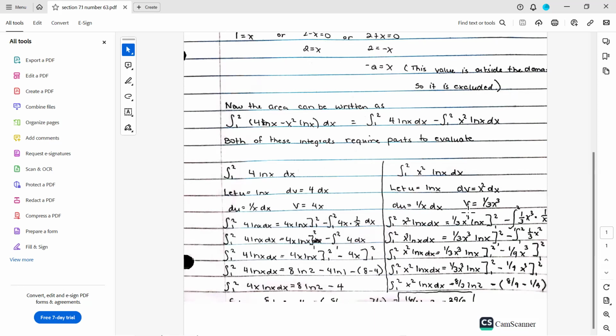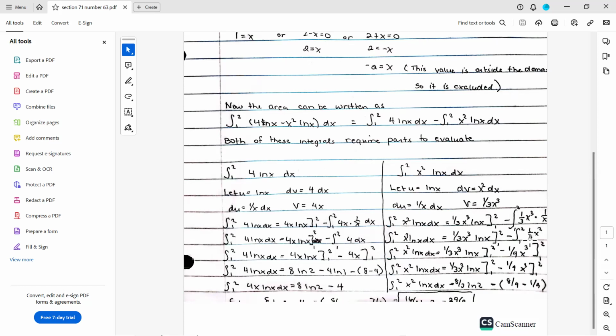Sorry about that. This is going to be 1/3 natural log x from 1 to 2. If you simplify here, you get x cubed times x is going to be x squared over 2, but then I have to integrate that.